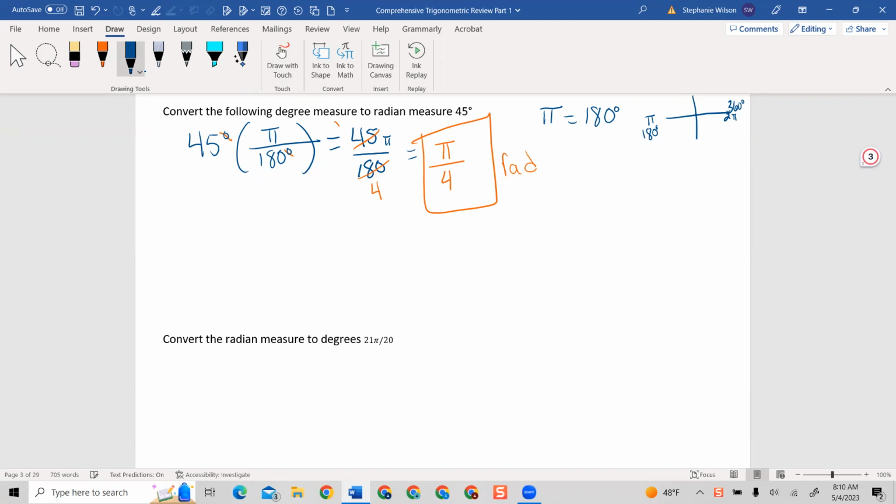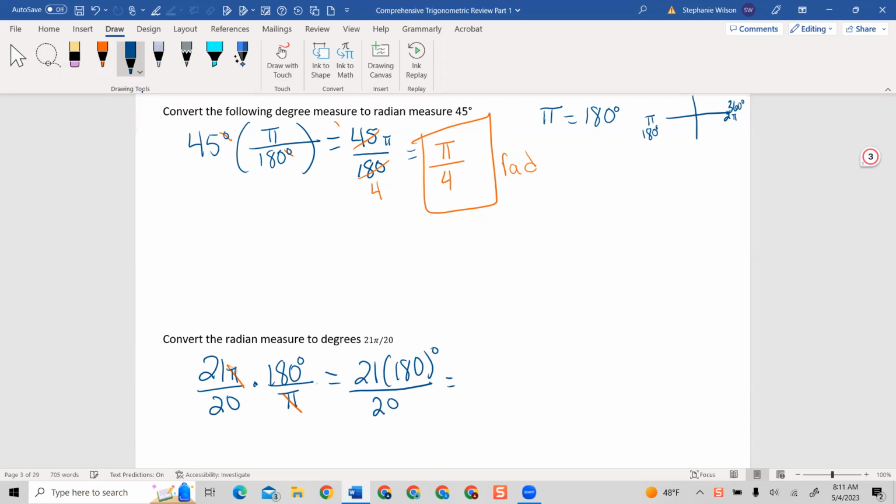Okay, our next one says we have 21 pi over 20, and let's put it in degrees. So again, we know that 180 degrees over pi. So the pi is reduced, right? Now I'm left with 21 times that 180 degrees all over 20.